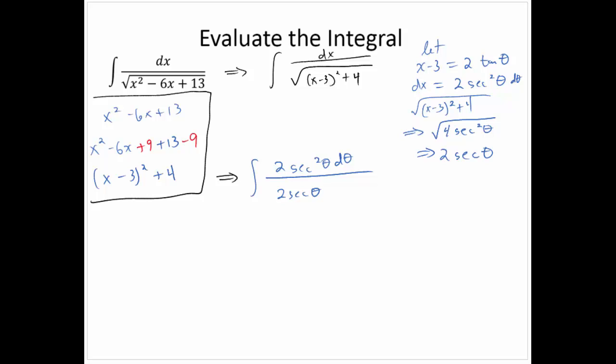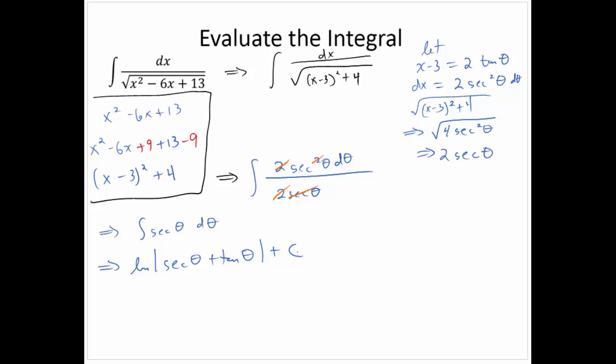We can get rid of the 2's, and we can get rid of a secant, and so we now have the integral of secant theta d theta, which, from memory, is natural log absolute value of secant theta plus tangent theta plus a constant.